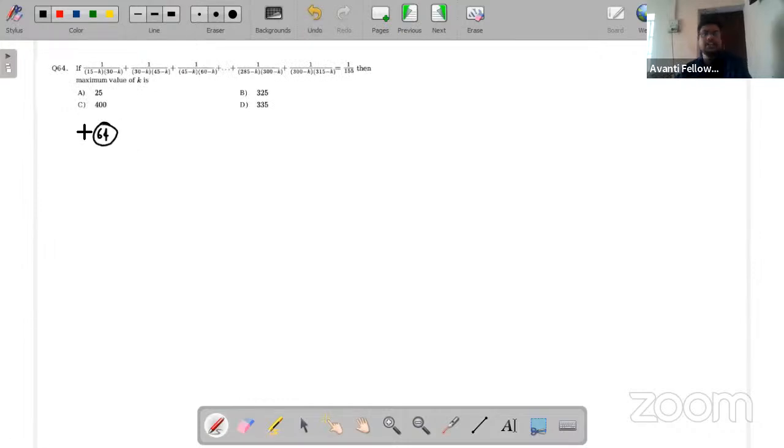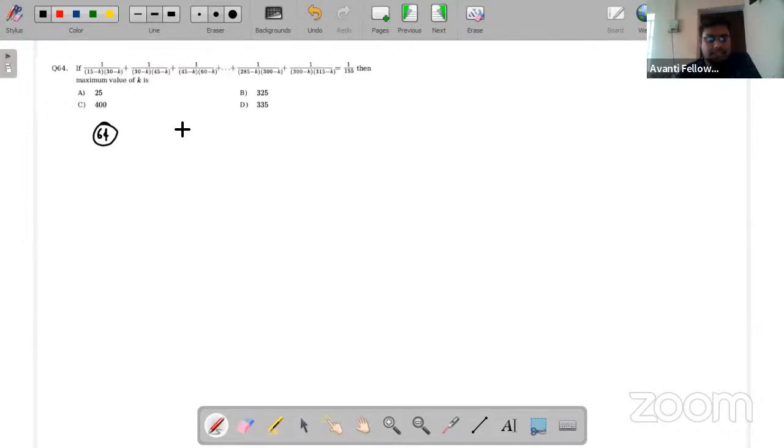Next question is 64. So here what we need to find is the sum of this term plus this term plus this term and so on. Okay, so at the instant it can be seen that this is a sequence series question, right? So what we do, plus means summation.